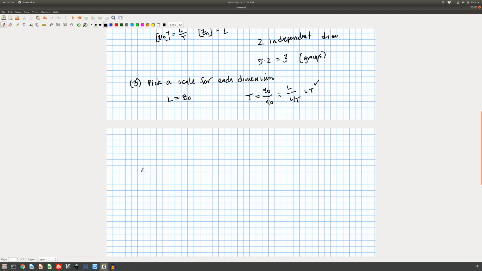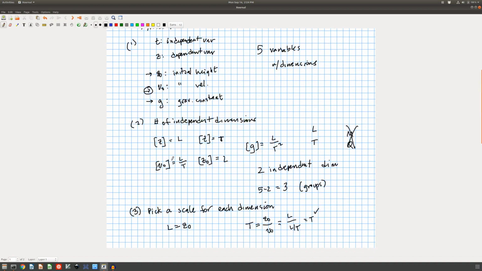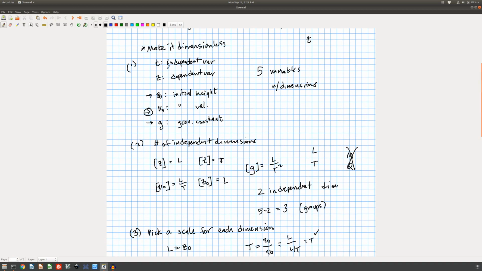Step 4 is I need to define dimensionless variables. When I say variables, I mean these 2 variables. Do you see how these variables are separate from these parameters and constants?